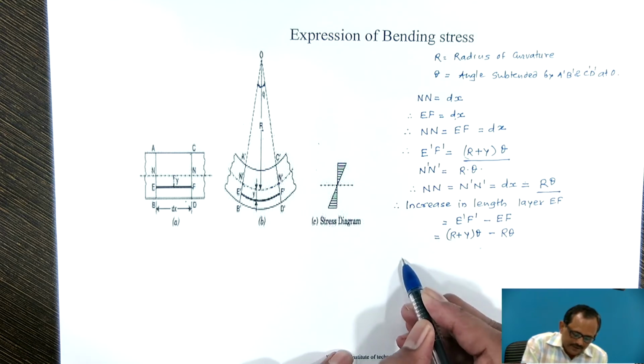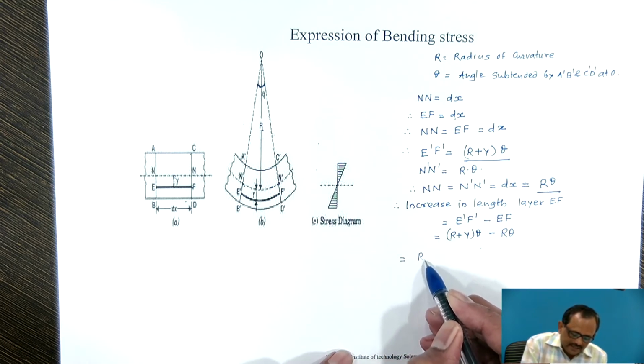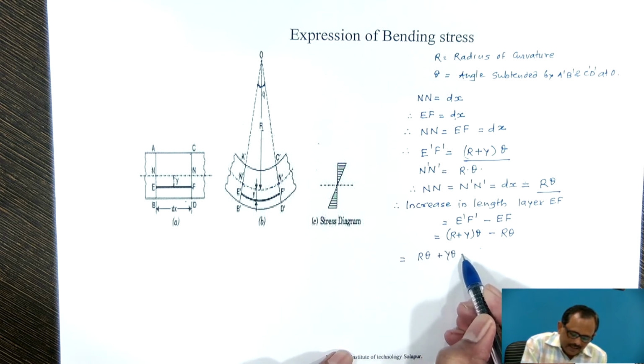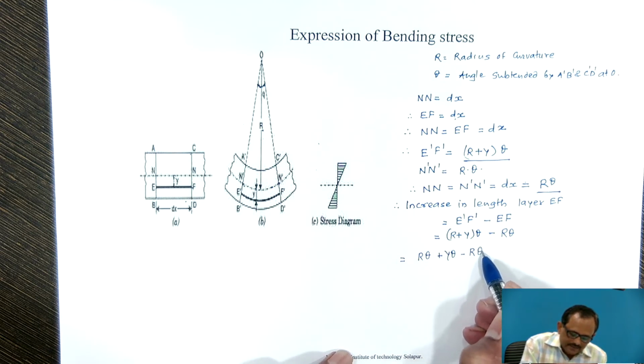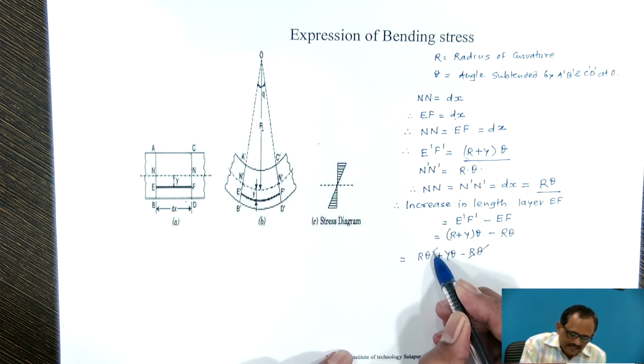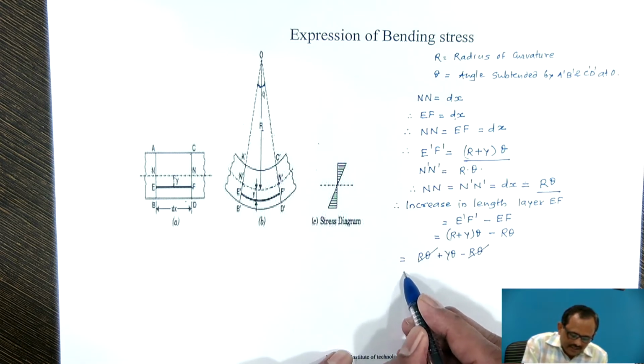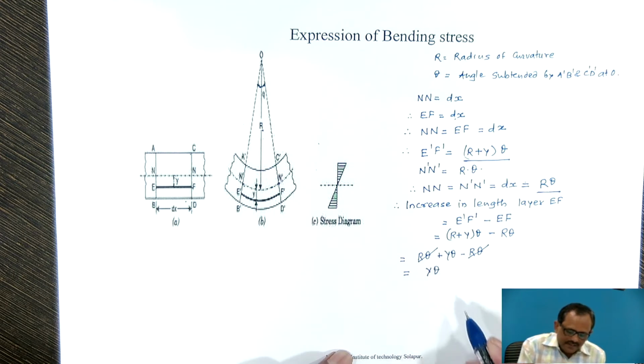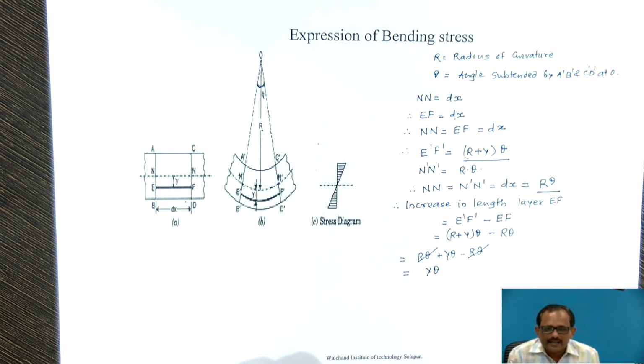Solving, R theta plus y theta minus R theta, R theta gets cancelled, and the increase in the length of layer EF is equal to y into theta.